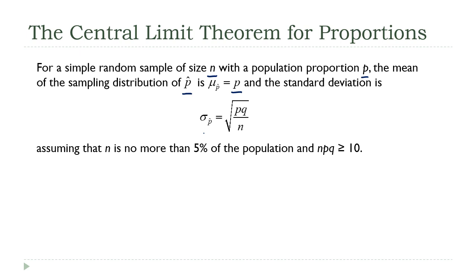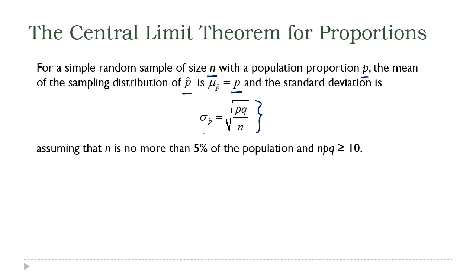That's the exact same thing as what we saw with means. The mean of the sampling distribution is the same as the mean of the original distribution. It's the standard deviation that we have to tweak, and we've got a formula here to do that. The standard deviation of the sampling distribution is equal to this formula here.